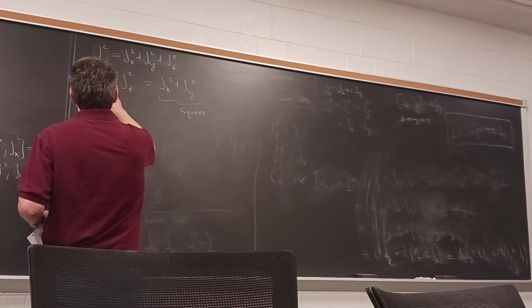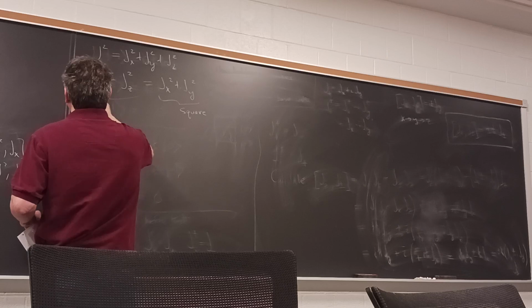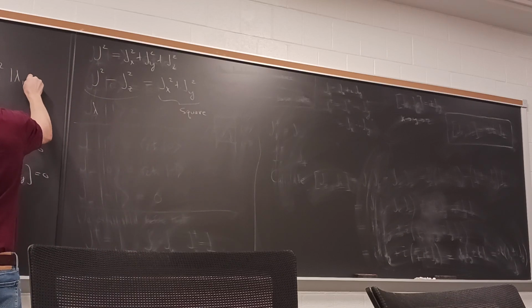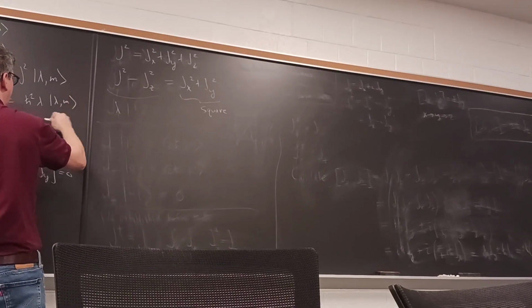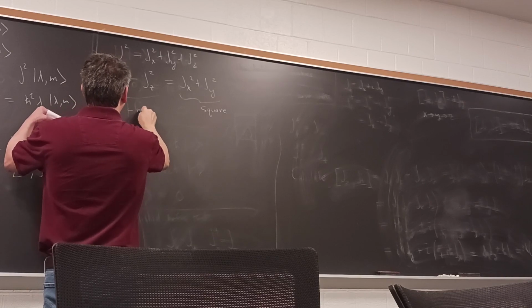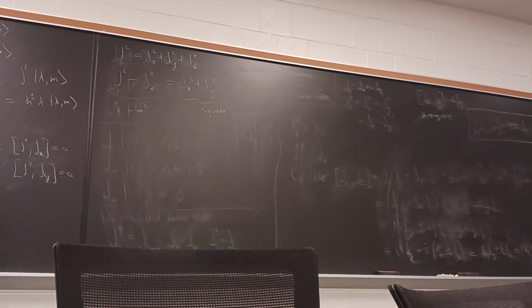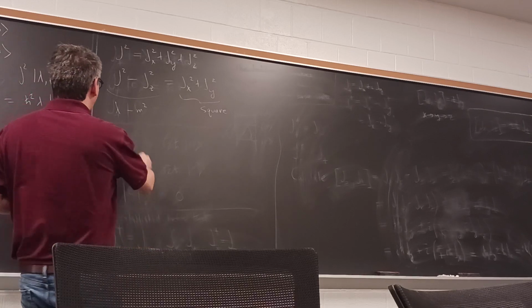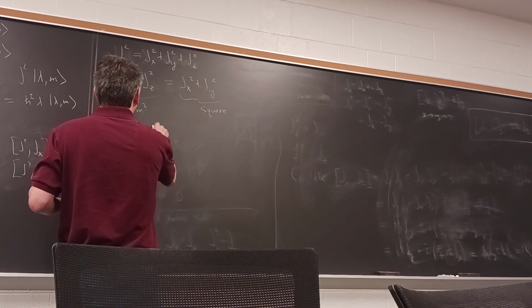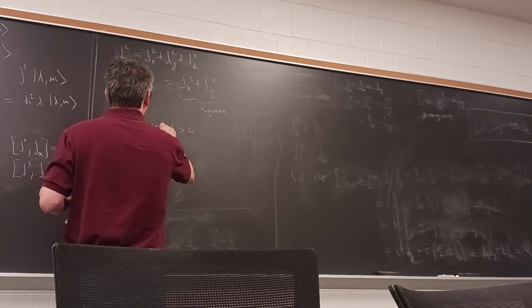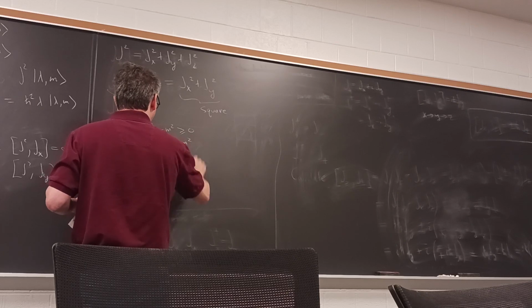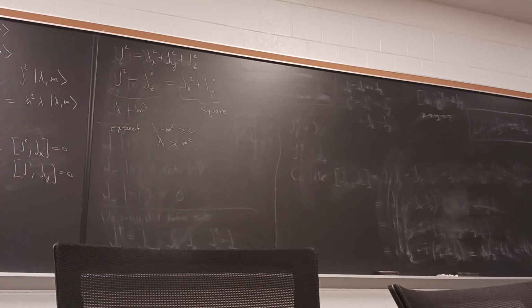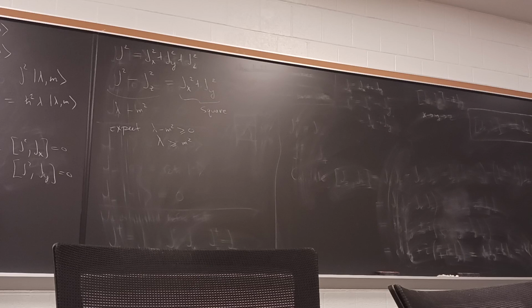Remember how we defined j squared on lambda m? That was equal to h bar squared lambda m. So this is something like lambda minus m squared. And so we expect lambda minus m squared to be greater than 0, or lambda to be greater than or equal to m squared. That's just a hand-waving argument here, but it's what we expect.